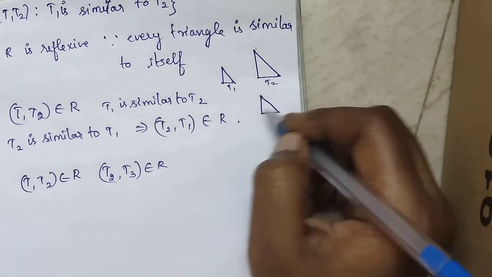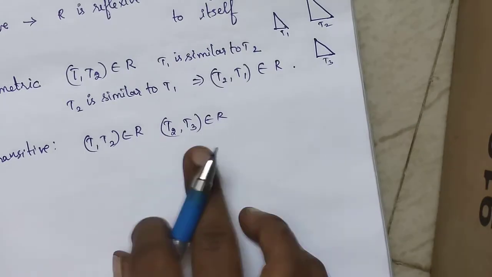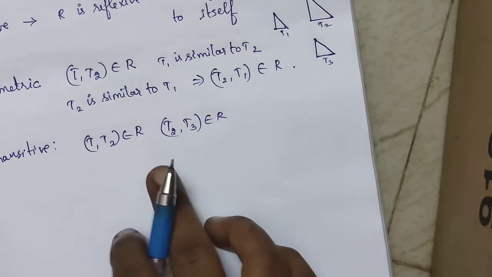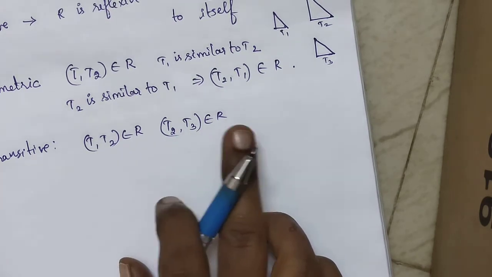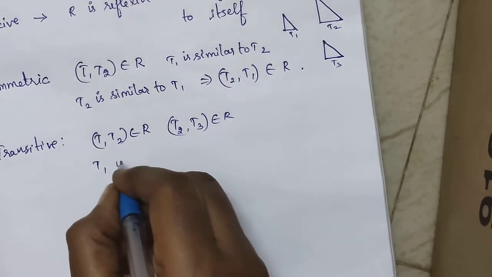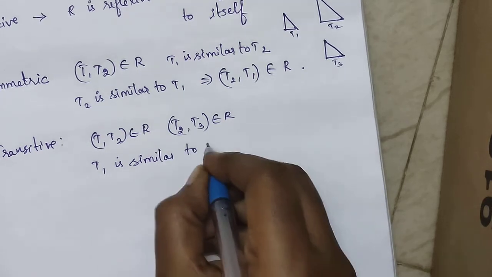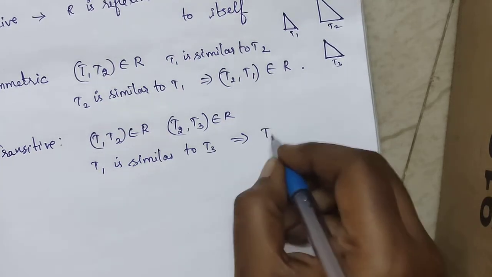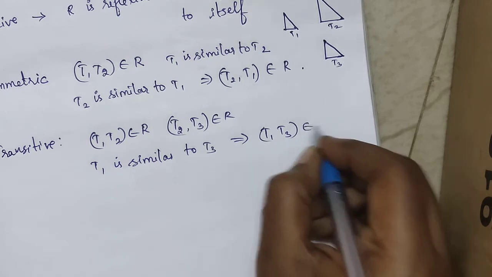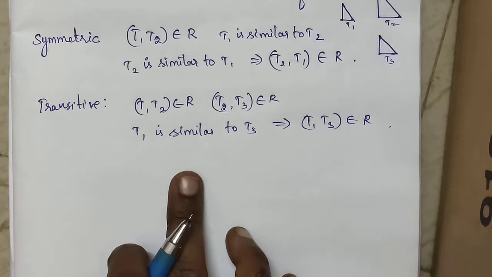Shape wise, all three triangles are similar, therefore automatically it is proved that T1 and T3 are similar. So T1 is similar to T3. This implies (T1, T3) belongs to R. Therefore, this is a transitive relation.